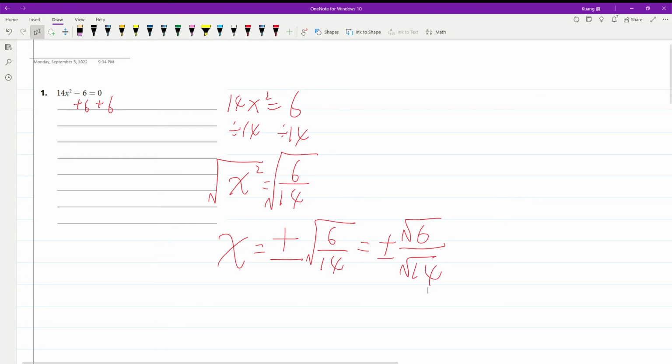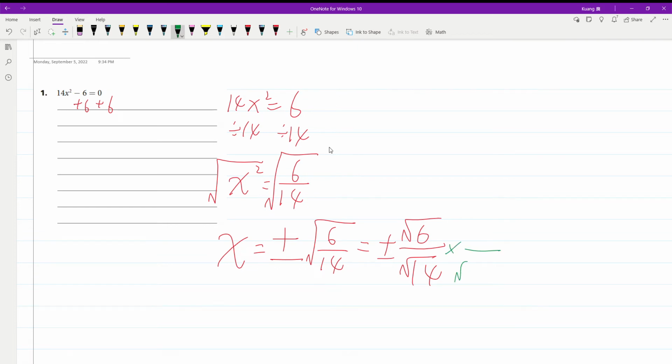However, we don't like to see an irrational number in the denominator. So we call this step rationalize the denominator. To do so, you have to multiply by root 14 over root 14.